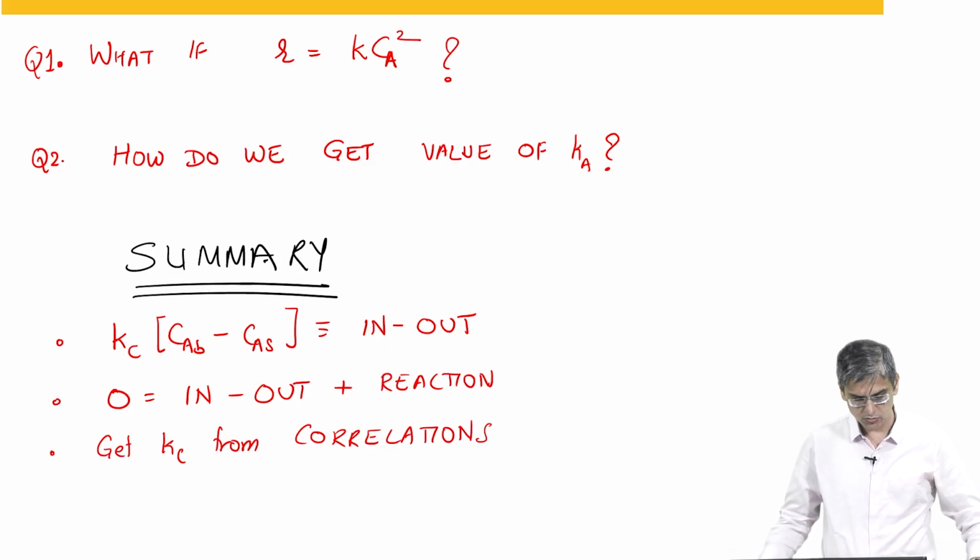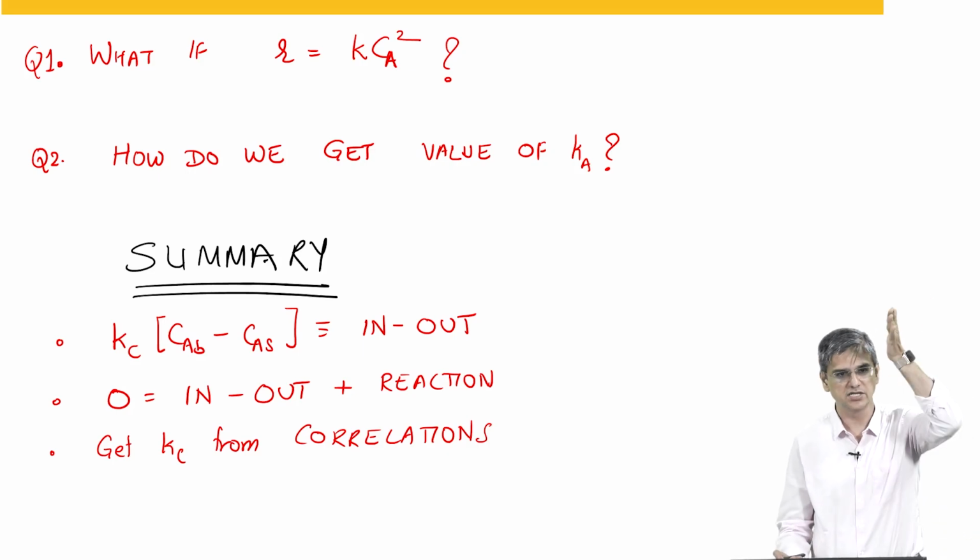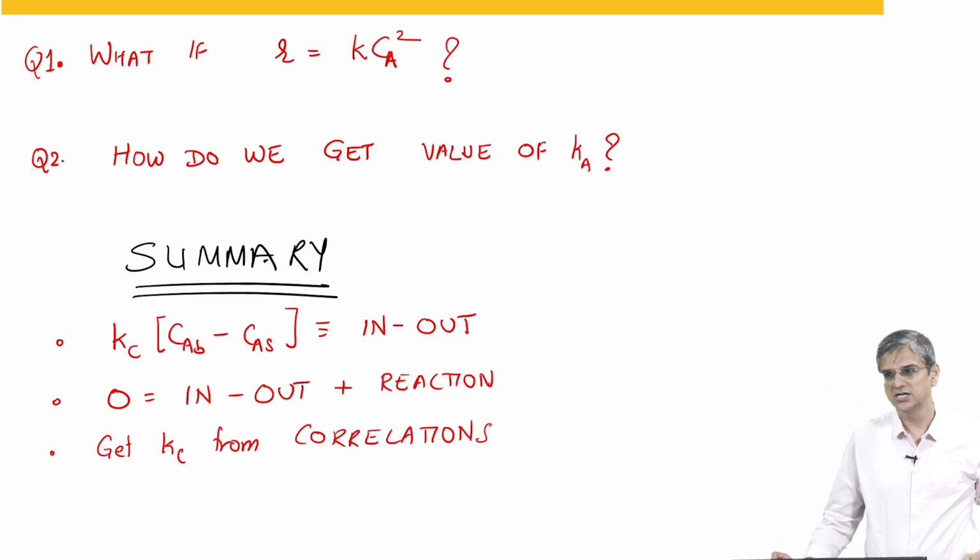Just remember that in minus out is given by Kc multiplied by Cab minus Cas. So you can think of Kc multiplied by Cab as in and Kc multiplied by Cas as out. So that's in minus out, plus the rate of formation of species because of reaction, which is nothing but the stoichiometric coefficient multiplied by Kc Cas squared. The stoichiometric coefficient for A going to products is minus 1.